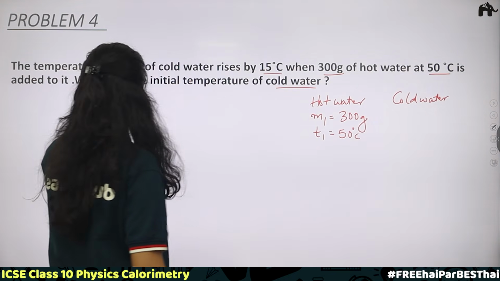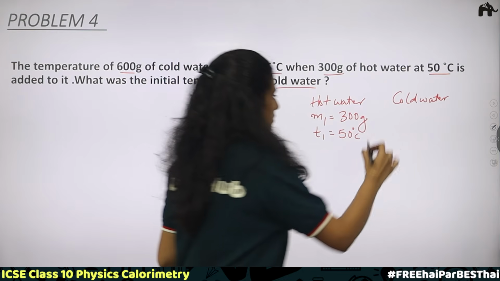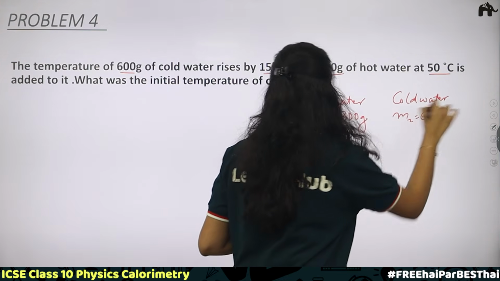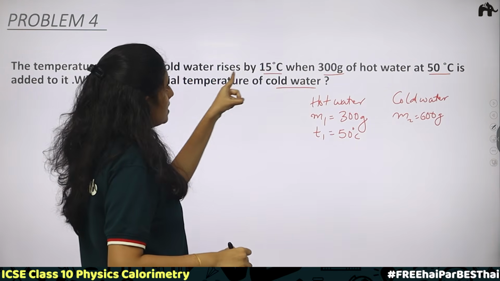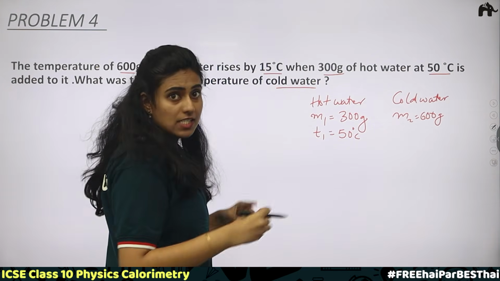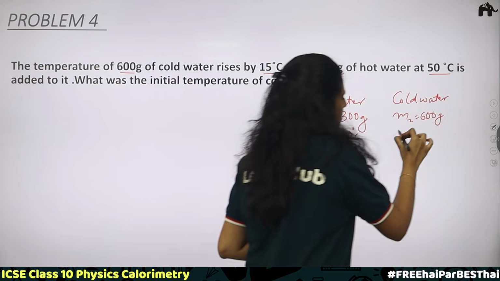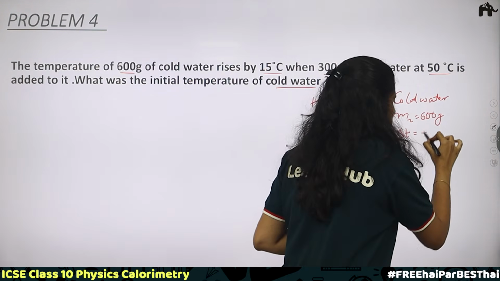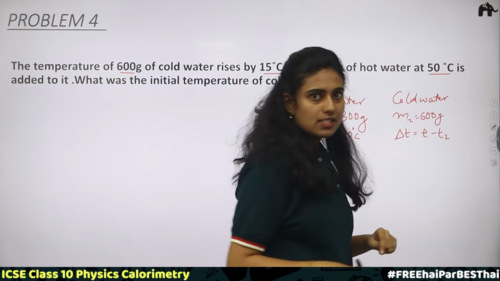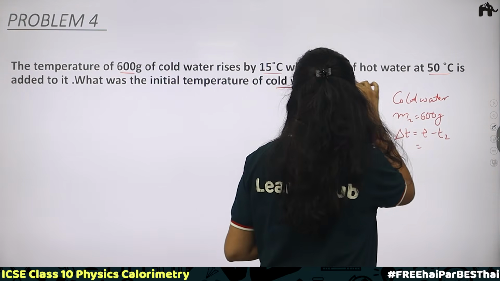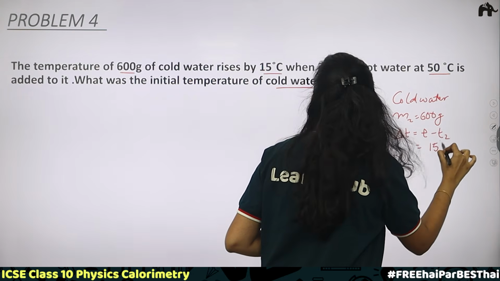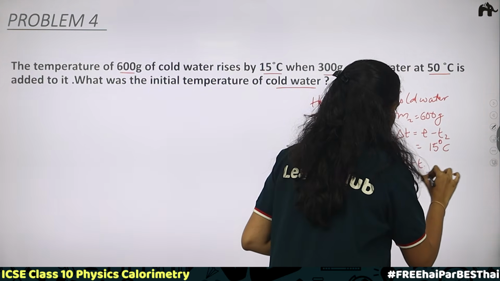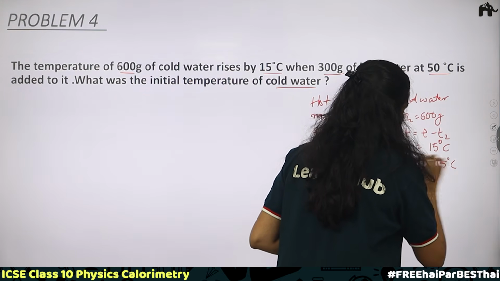Now the temperature of 600 grams of cold water, which means M2 is equal to 600 grams, rises by 15 degrees Celsius, which means here T2 is not given, but the change in temperature delta T is given, where delta T will be equal to T minus T2. Okay, T minus T2, and here it is equal to 15 degrees Celsius.